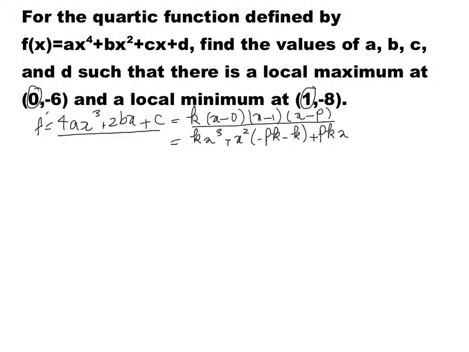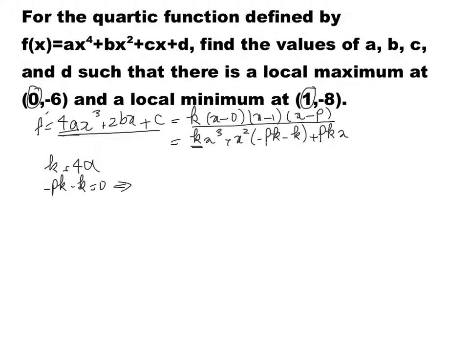Now, since the cubic on the left and the cubic on the right are equal, all the like terms have to have the same coefficient. This means that k has to be equal to 4a. So that's the first observation. The other observation is that the x squared term on the right has a coefficient, but the left doesn't have any x squared term. This means that minus pk minus k has to be 0.